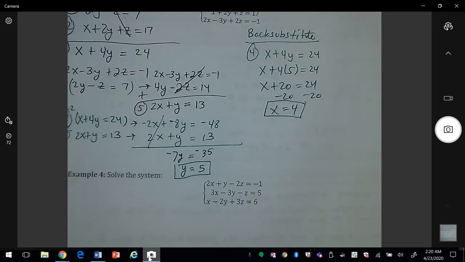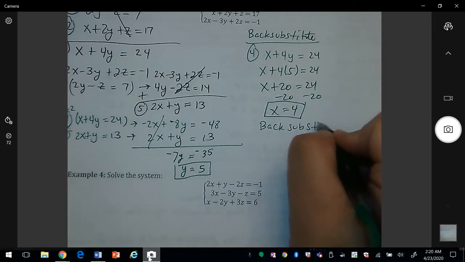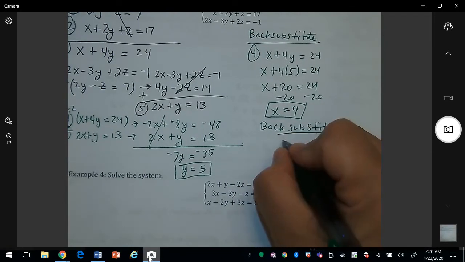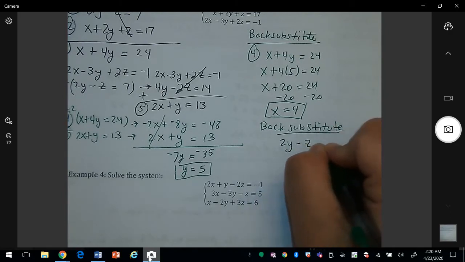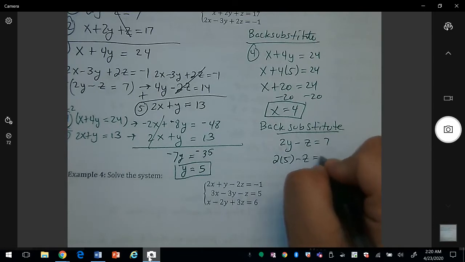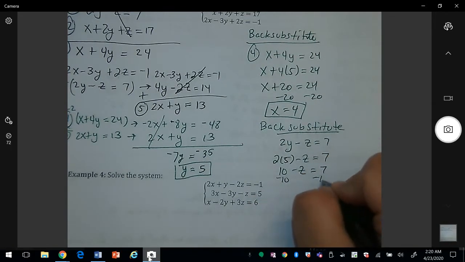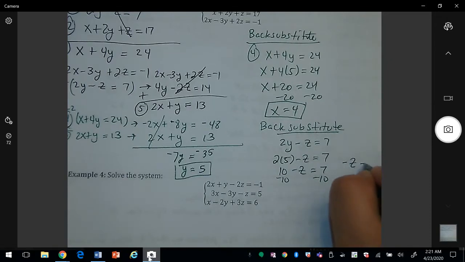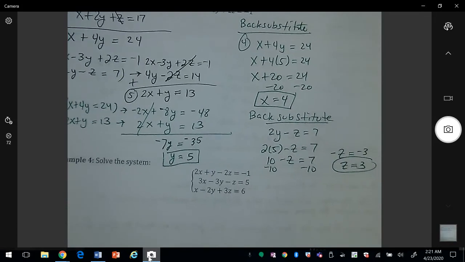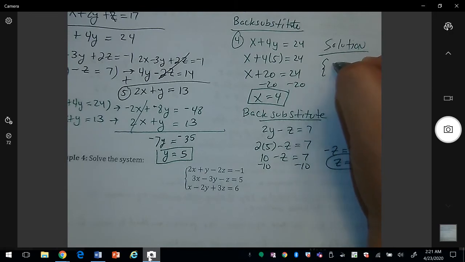And so I can now back substitute into the original equations. I'm going to go ahead and use the first one. So here y is 5. Subtract 10. So we get -z is equal to -3. So z is equal to 3. So my solution is going to be x is 4, y is 5, and z is 3.